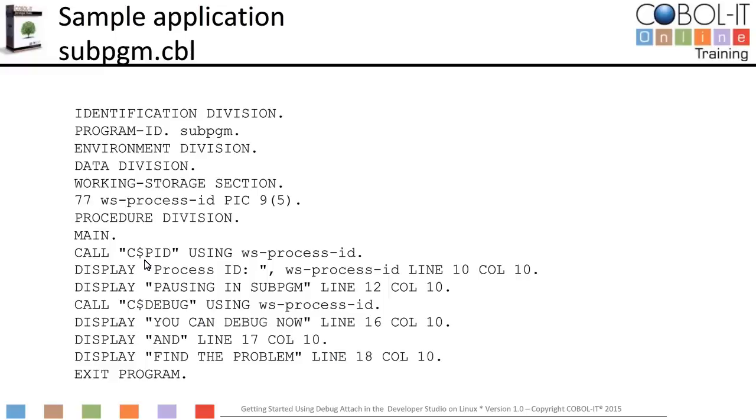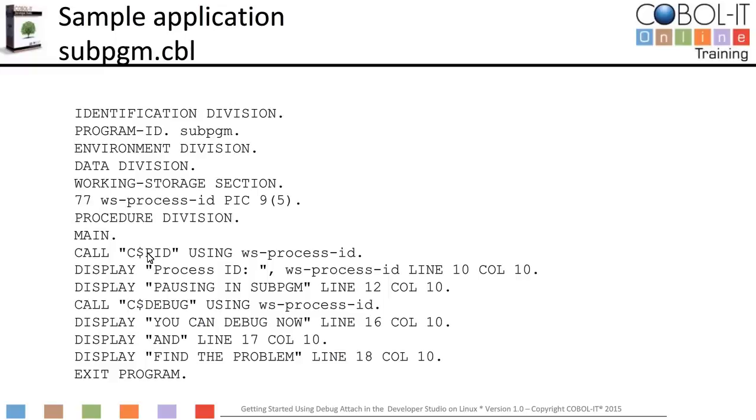This is subpgm.cbl. This program gets the process ID of the runtime session with a call to the $PID library routine. Then it calls the $debug library routine using the process ID. This suspends the application. We will attach our debugger to this suspended application in the Developer Studio.